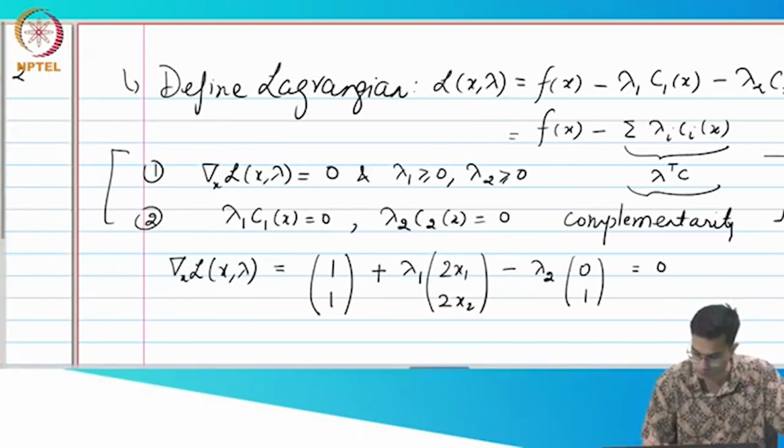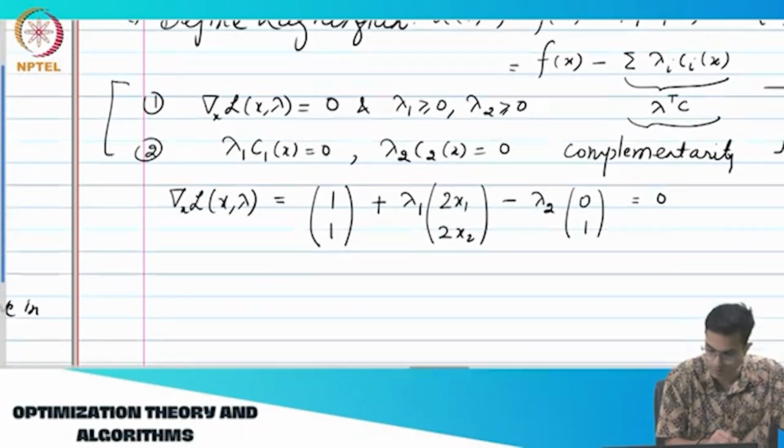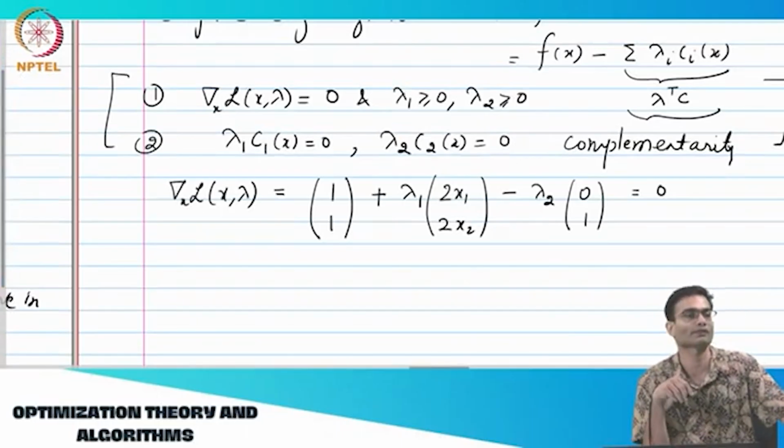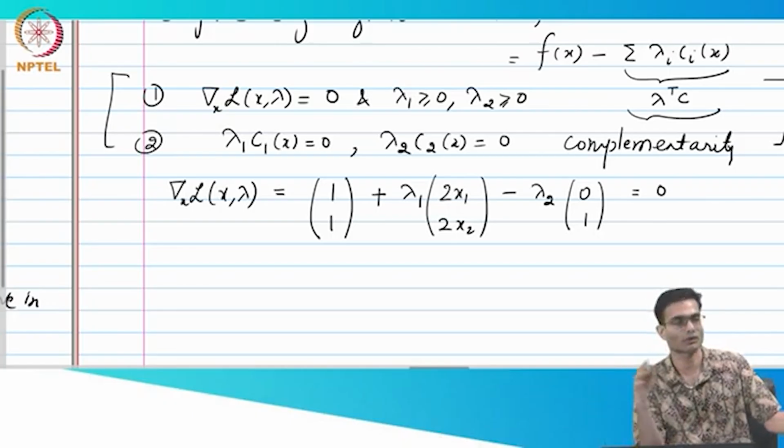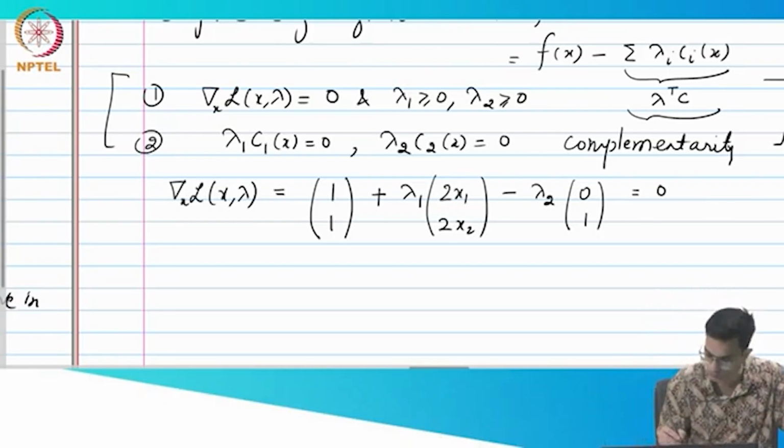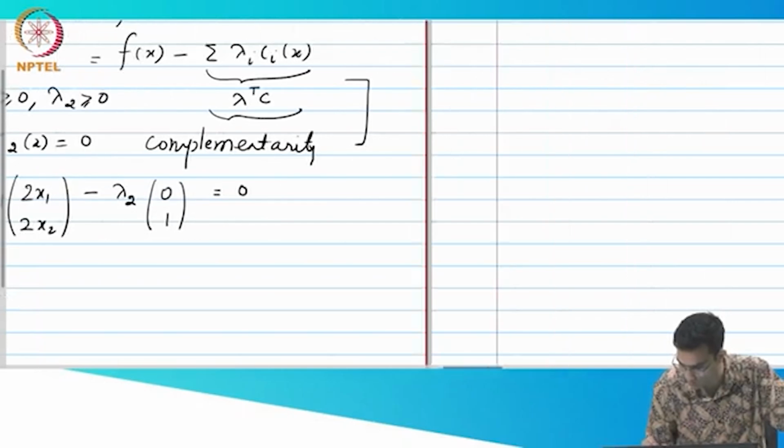And I want this to be equal to 0. Does this look like a system of linear equations, in either x1, x2 or in lambda 1, lambda 2?